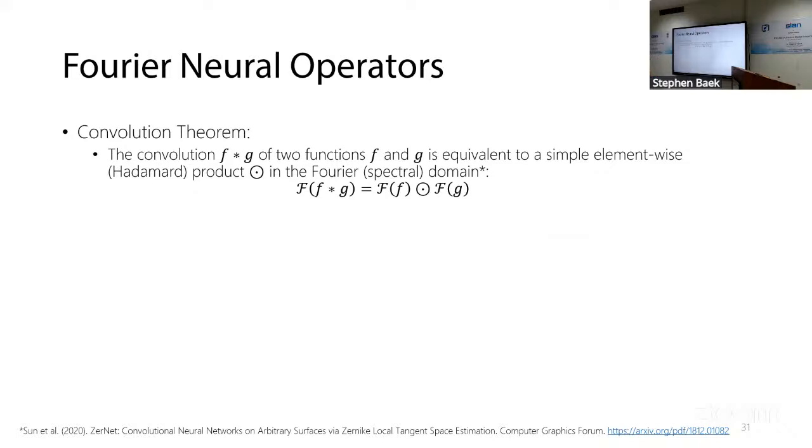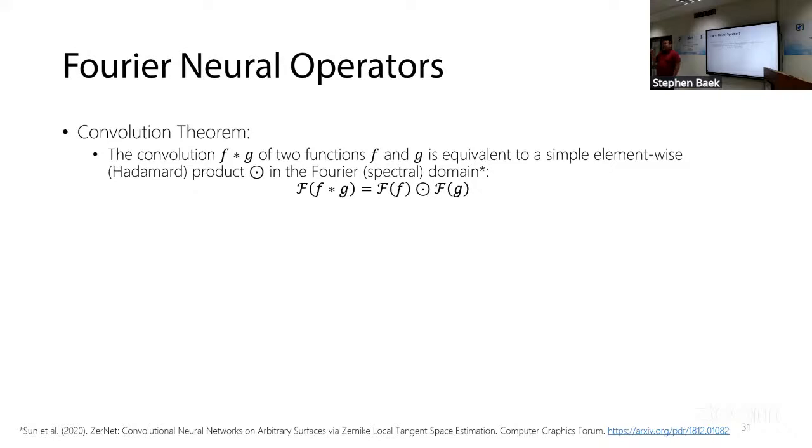The convolution theorem suggests that if you have functions f and g in the original function space, then the Fourier transform of the convolution of the two functions is the same as the dot product, or Hadamard product, between the Fourier coefficients of f and the Fourier coefficients of g.